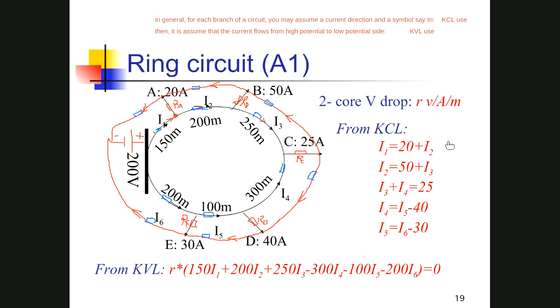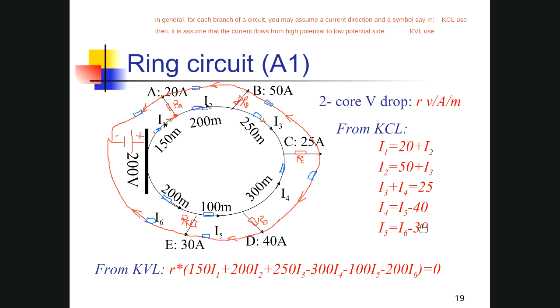So you can find the relationship between I1, I2, I3, I4, I5, and I6, choosing 5 junction points without repeating the junction points at different circuit positions. So you can do it in a different way. It doesn't matter; you will get 5 equations. Not enough, because we have 6 unknowns.